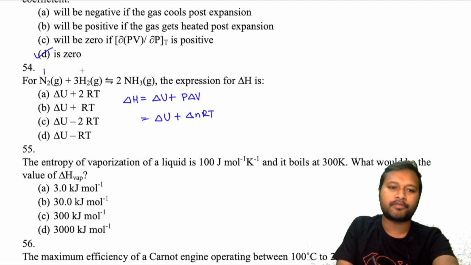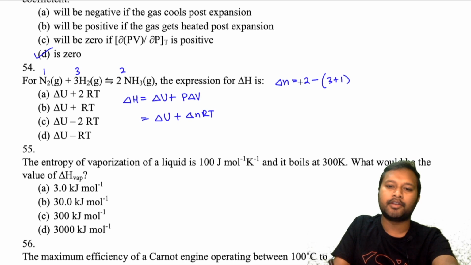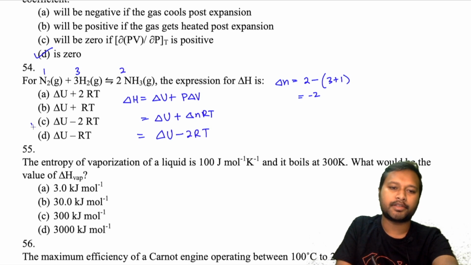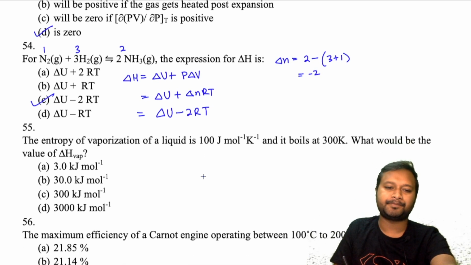Why? Because this is 1 mole, this is 3 moles, and you are getting 2 moles. So delta n will be the number of moles of product, that is 2, minus the sum of the moles of reactants, that is 3 plus 1. So 2 minus 4 gives you minus 2. Put minus 2 here and you will get delta U minus 2 RT. Option number C is the correct option.